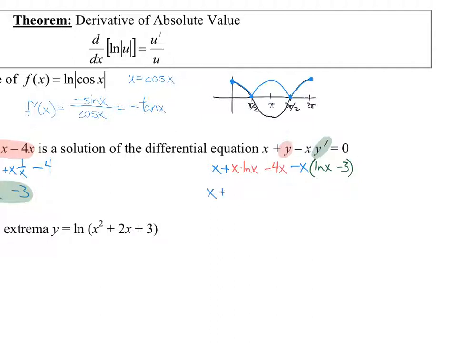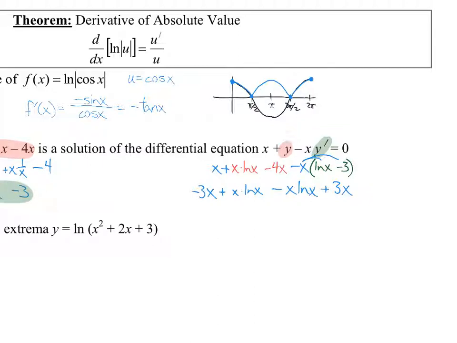So it's x plus x, well, I have an x minus 4x, so that's a negative 3x, plus x times ln x, and then I've got to distribute here. So minus x ln x plus a 3x. It works out well. Well, what do you know?